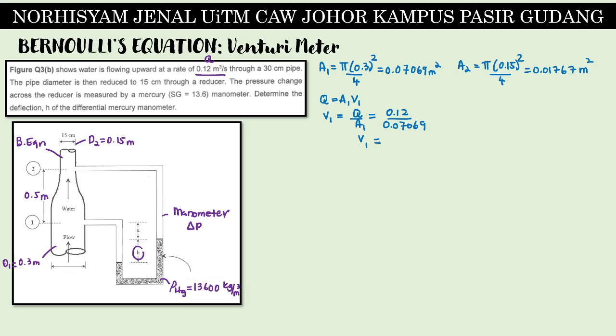V1 should equal to 1.698 meter per second. And then for V2 equal to Q over A2, 0.12 divided by 0.01767.